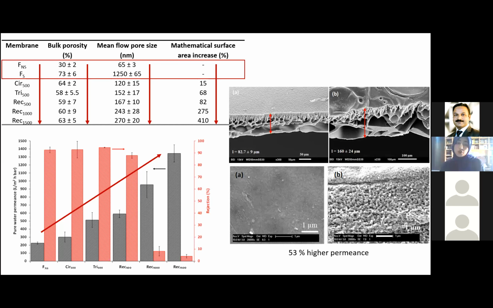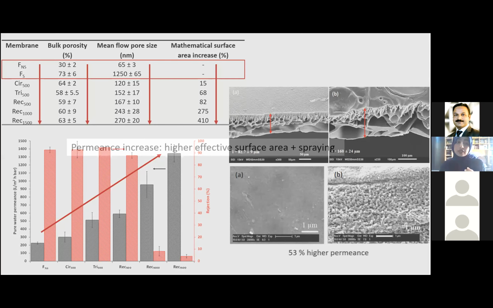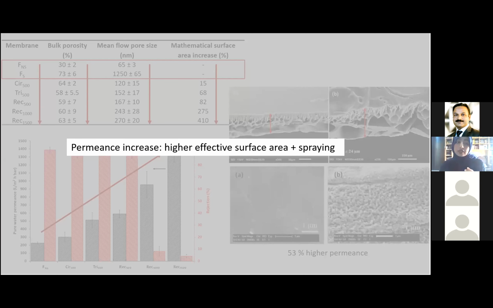So this showed that the permeance increase is actually due to both the increase in surface area and the spraying, because spraying is also altering the structure of the membrane. But a similar increase in this surface property was not observed for the rest of the patterns.